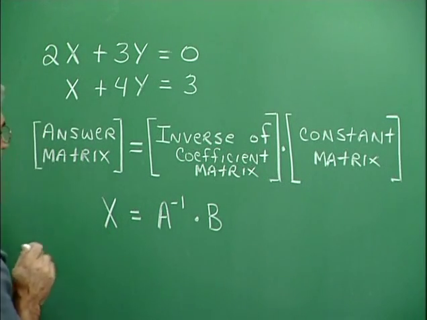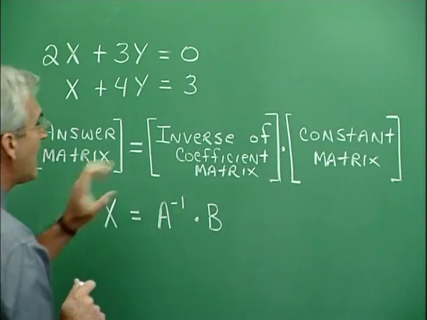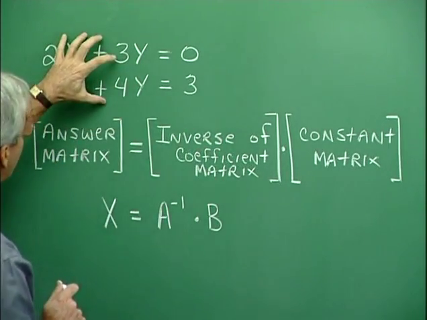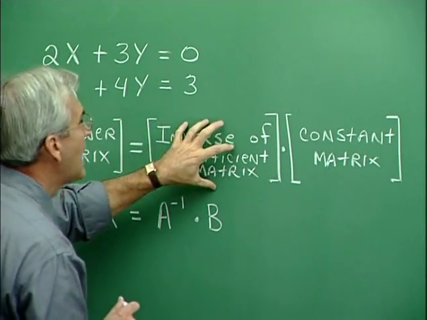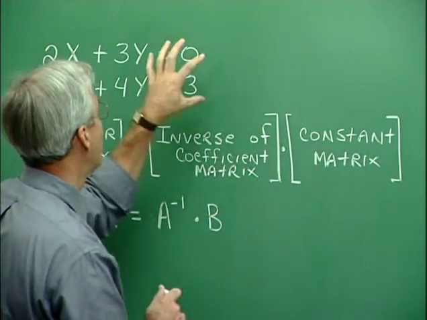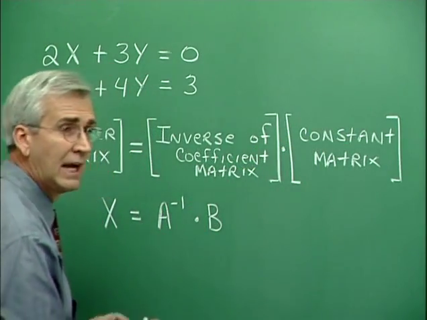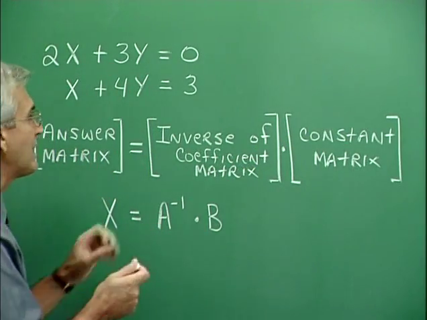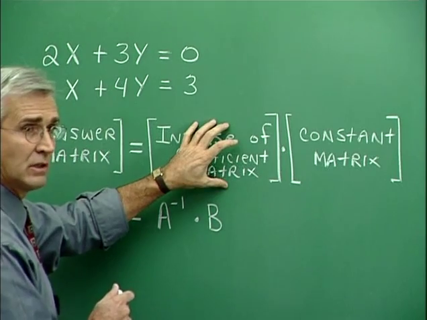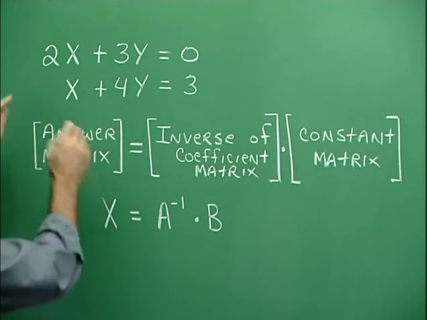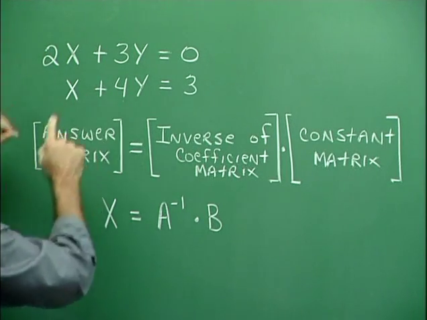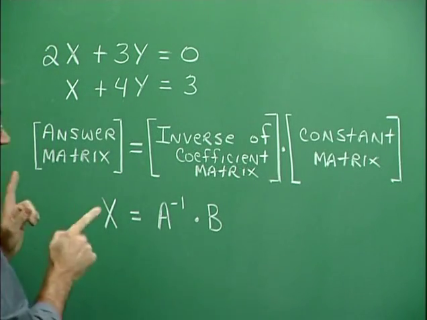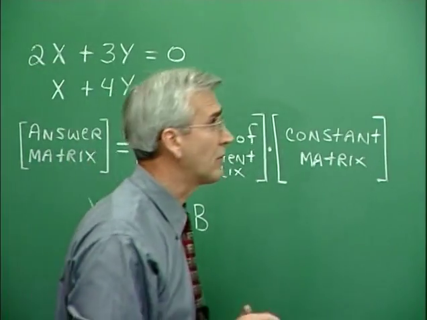All right, so the answer matrix is found by taking the inverse of the coefficient matrix, the inverse of the matrix of these coefficients, you see, and then multiplying times the constant matrix, this little constant matrix. And the only tough part here is to generate the inverse of the coefficient matrix. Now, the coefficient matrix, you know, is the 2, 1, 3, 4 matrix. So let's go through that process of generating that inverse, and then we'll find the values for X and Y.